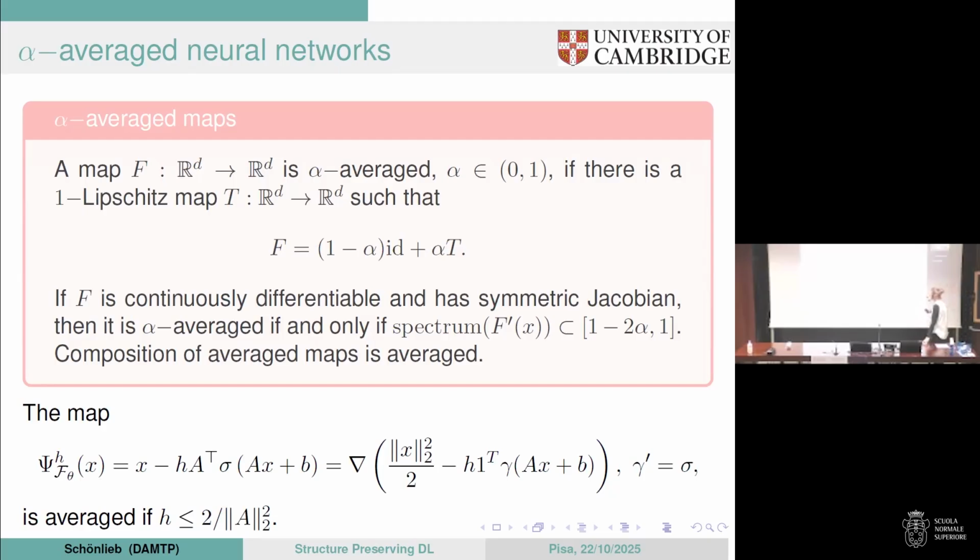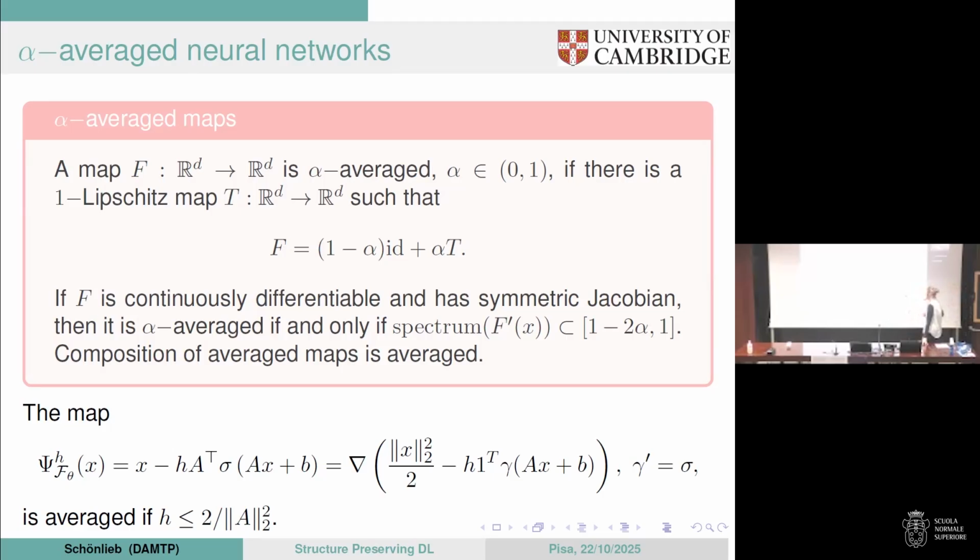If f is continuously differentiable and has a symmetric Jacobian, then it is alpha averaged if and only if the spectrum of the derivative fulfills this property. It's very technical, but it comes from the fact that if you design iterative schemes that iteratively apply this map f, this property allows you to show convergence to a fixed point, which again comes up in learned iterative reconstructions.